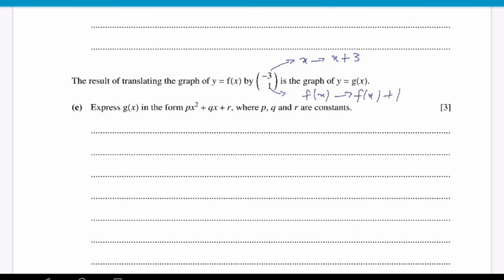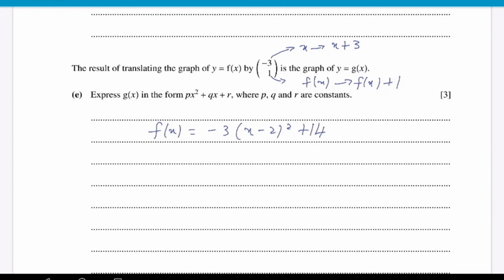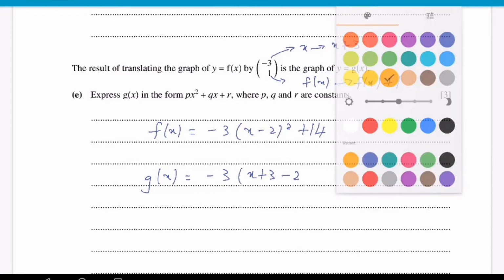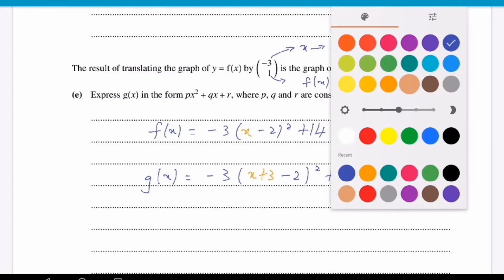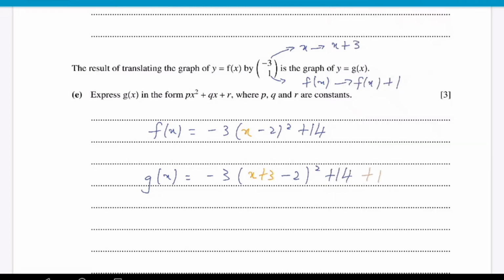So for our g(x), let's write our f(x) first. Our f(x) is -3(x - 2) squared plus 14. So for g(x), we change the x to x plus 3, and then plus 14. Overall we need to add 1 to that because of this.